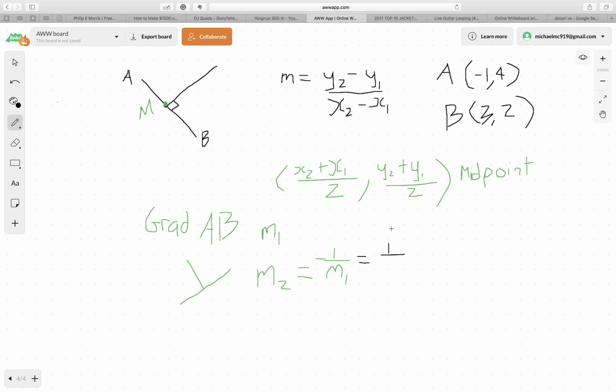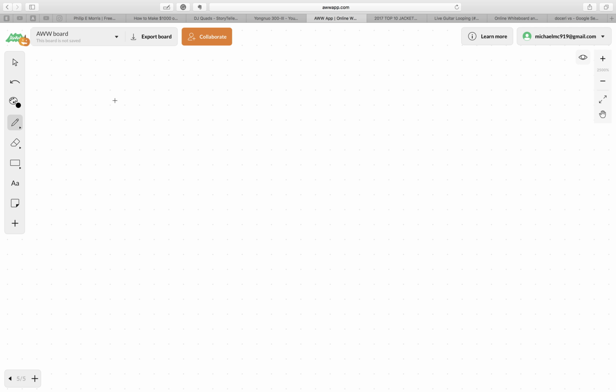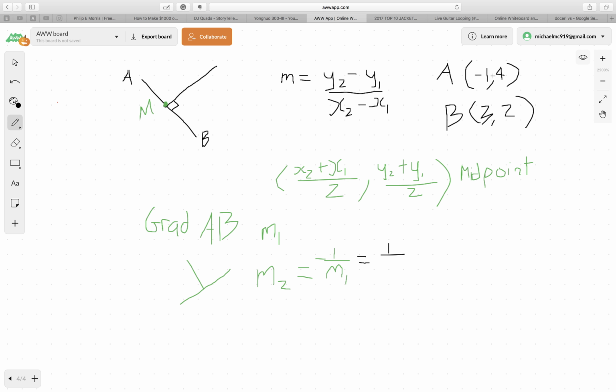And okay, let's find the gradient of that line before we move anything. So here, the gradient of that line would be, let's go with, this is my x2, y2, and then this would be x1, y1, doesn't matter the difference.